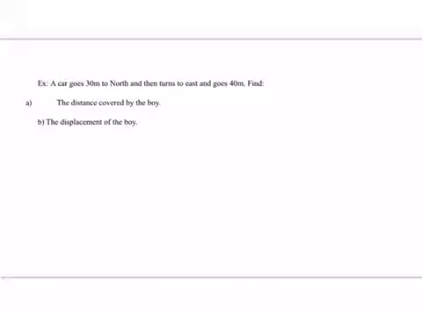A boy goes 30 meters to north, and then turns to east and goes 40 meters. The distance covered by the boy is 30 plus 40, which is equal to 70 meters.